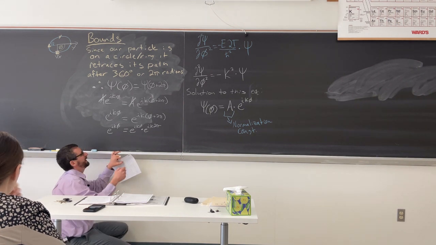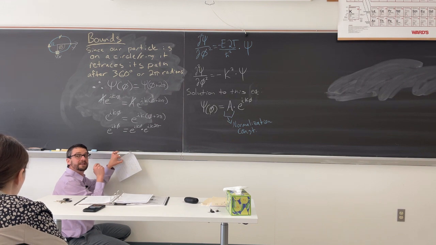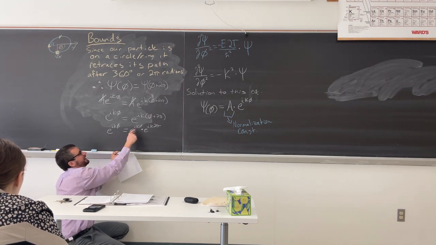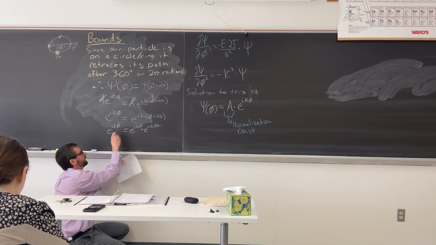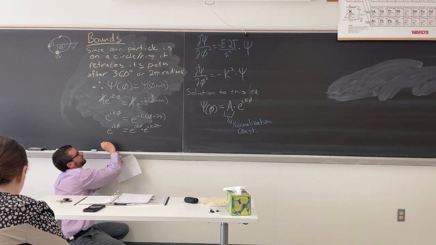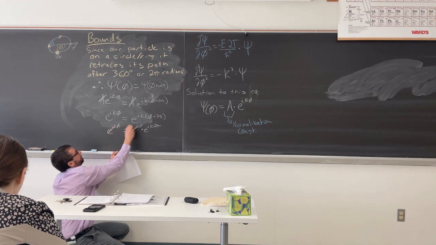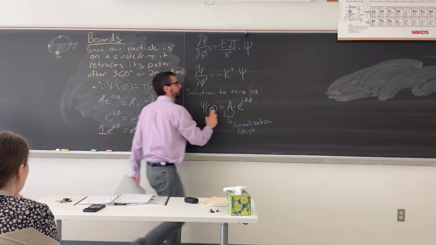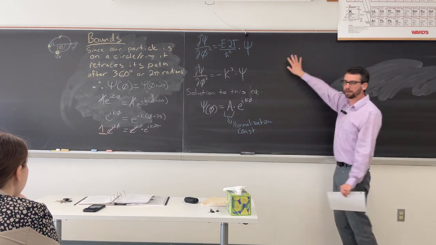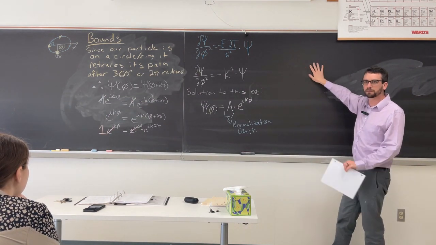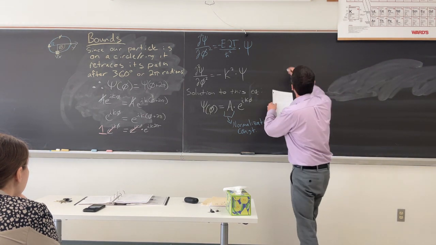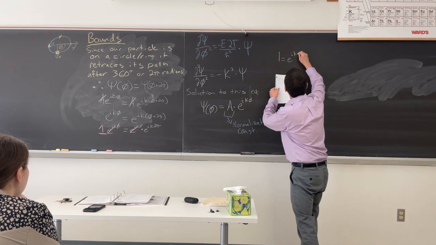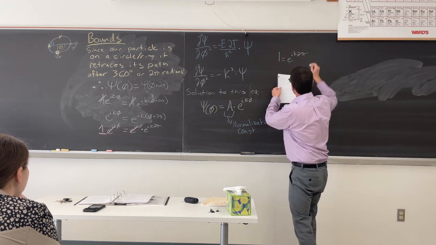Yeah, you can multiply and combine them. Any ways you could simplify? Yeah, you can divide this guy over to the other side. And what are we going to get over here? Yep. Am I okay to write over here? So we get 1 is equal to e to the i k 2 pi.